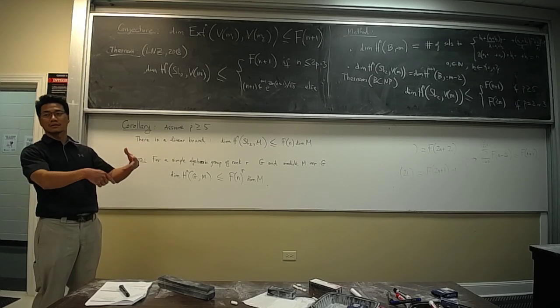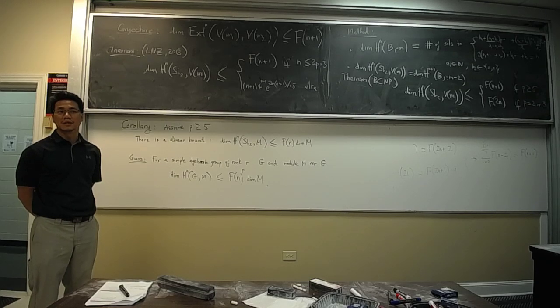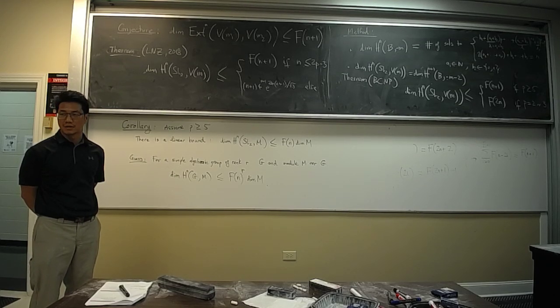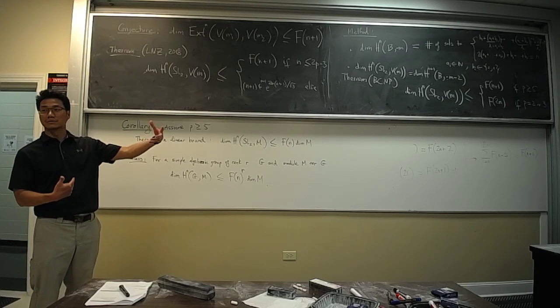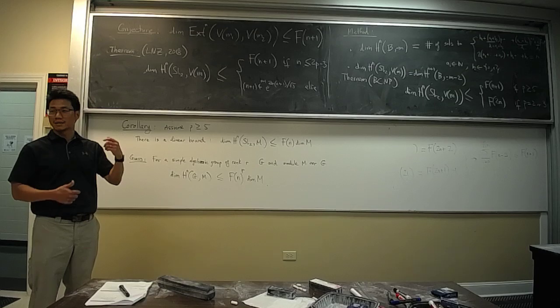Yeah, it won't depend on the degree. That's good, but it still depends on the rank of the group G. Not for the lower degree. So that's what I hope for. I hope that for higher degree, we can still find something independent of the rank.